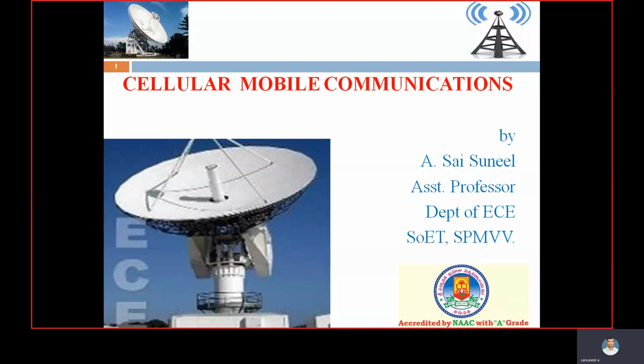Whenever a call is in progress and it moves from one cell to another, the call is automatically terminated, because there are different frequencies: F1 on one base station, F2 on another base station.